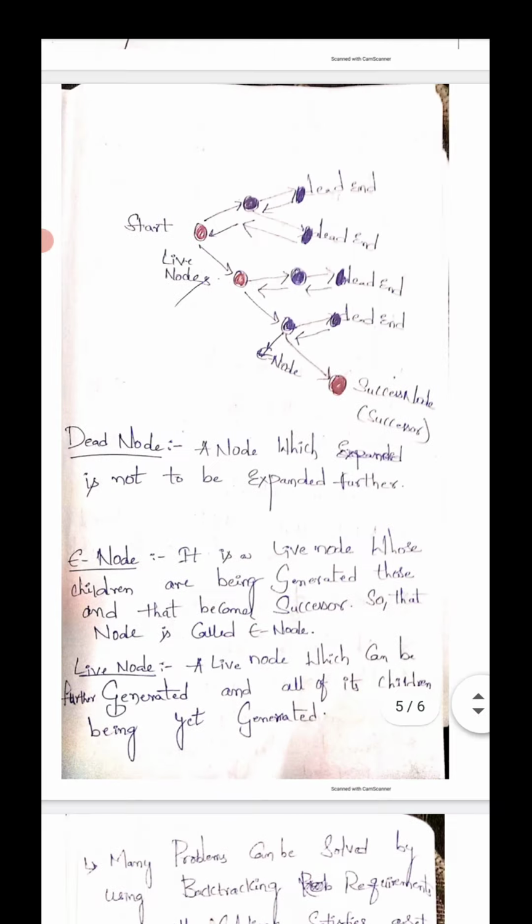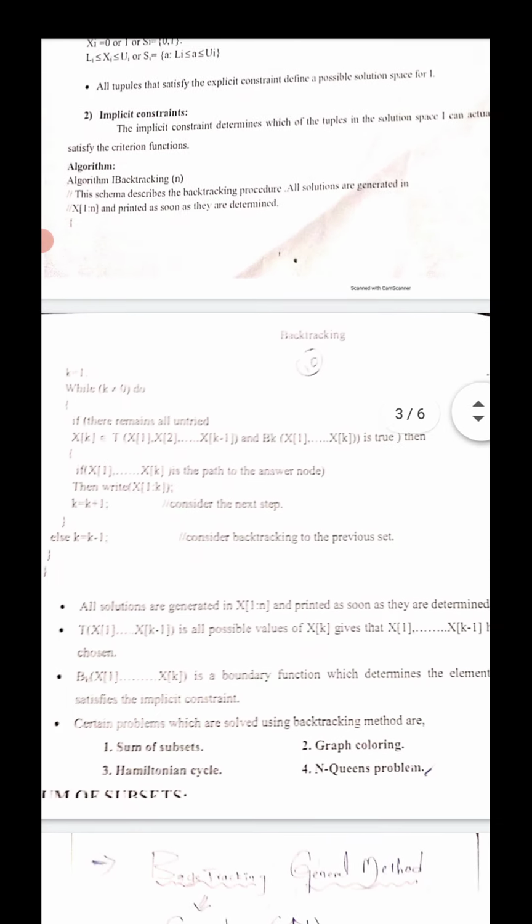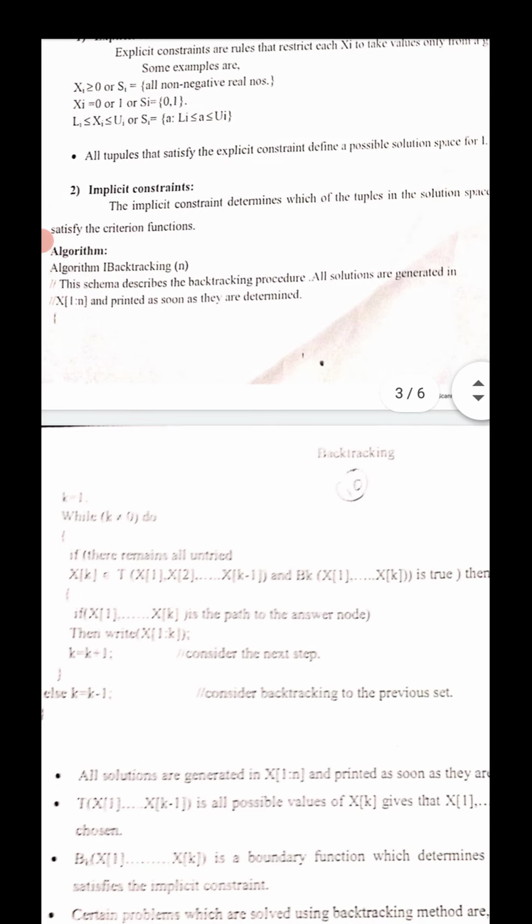Now we see the algorithmic representation of backtracking. The algorithm name is Backtracking. The comment says this scheme describes the backtracking procedure, and all solutions are generated in x[1:n] and printed as soon as they are determined.